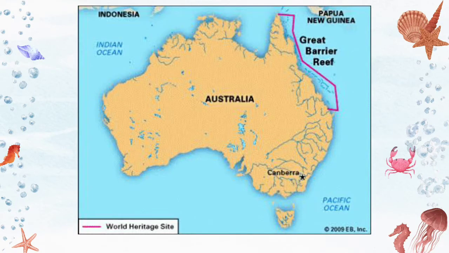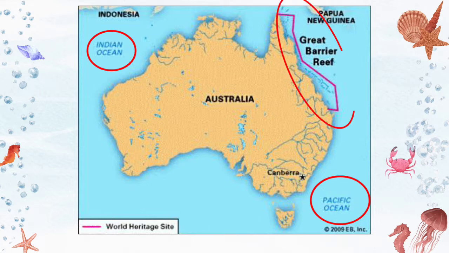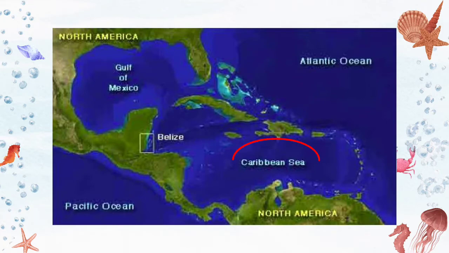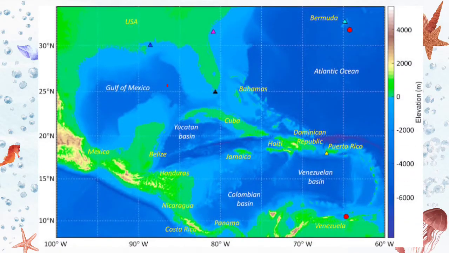The largest reefs of the world are found in the warmer portions of the Pacific and Indian Ocean. The largest of all is the Great Barrier Reef located along the coast of Australia. There are also coral reefs in the Caribbean and in the Gulf of Mexico.